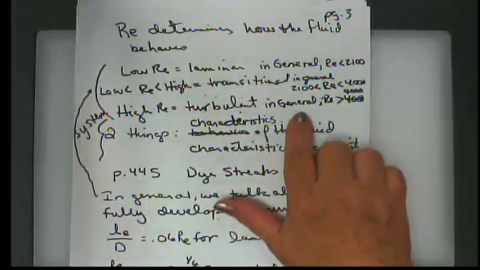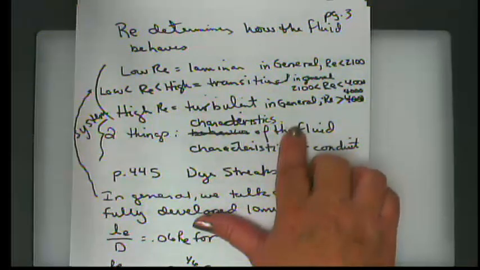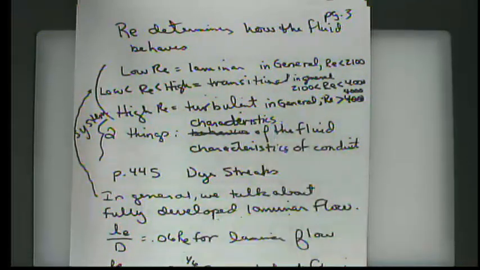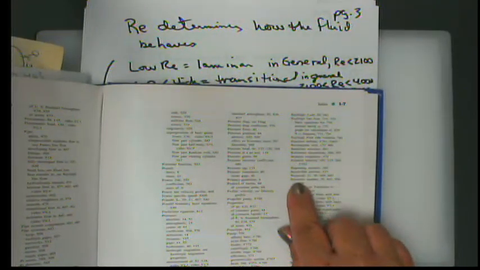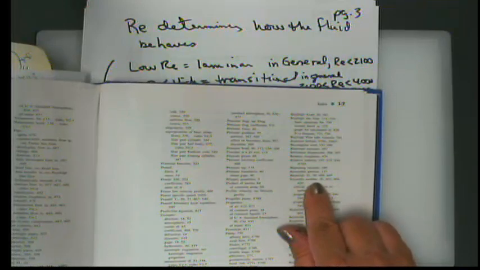And how you calculate Reynolds number, we'll do that a little bit later, but it is a dimensionless number, and it's something that is very common in terms of fluid behavior, and it's listed in several different places in your textbook. If you take your textbook and turn to the index at the back and look for Reynolds number, you'll see that it's listed at many locations throughout the book.